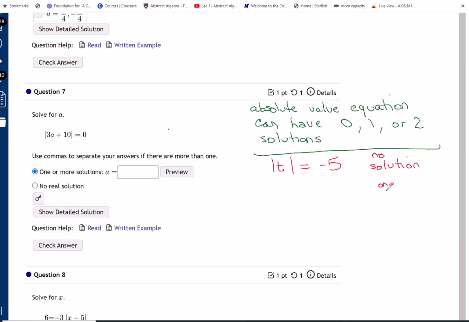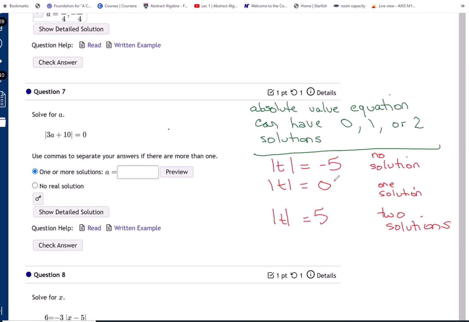The only way I can have 1 solution is if my equation equals 0. Because when I equal 0, I don't have a plus or minus 0, I just have a 0. That gives me 1 solution. And all others have 2 solutions, because I have the positive and the negative solution. If I have the absolute value of t is equal to 5, I have 2 solutions, 5 and -5.